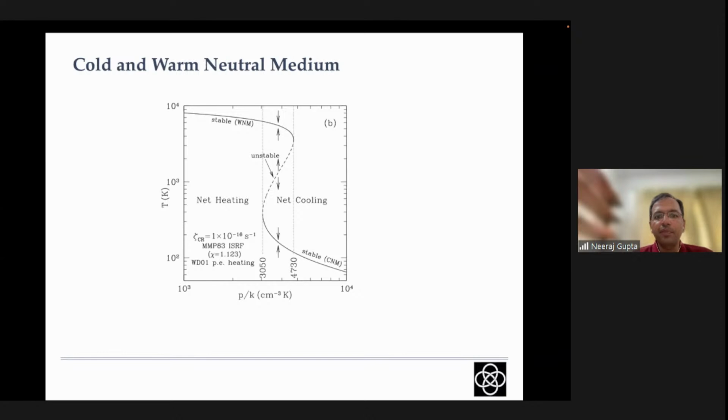So that's an example of heating. And cooling, on the other hand, for example, an atom gets excited through collision to a higher energy level, but it de-excites radiatively, and that photon escapes the cloud. So this will be an example of the loss of energy for the cloud.